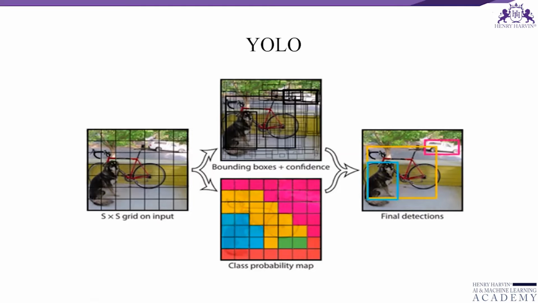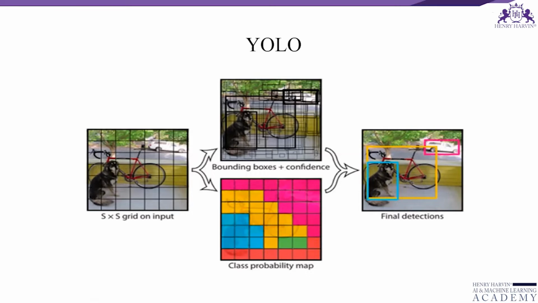Let's say it generates a fixed number of proposals. If each of them generates 40 proposals, then 40 into 4, because we have 4 coordinates. So each cell will predict 40 into 4. But we also added 1 over here.